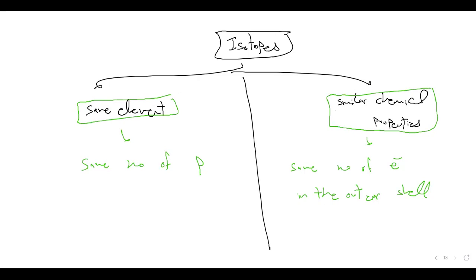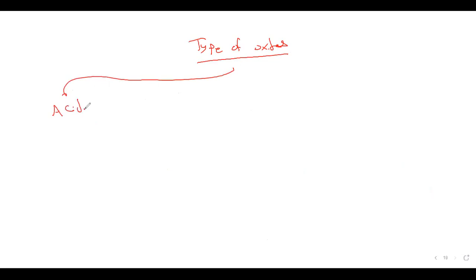After that, for types of oxides, we have acidic oxides, basic oxides, amphoteric, and neutral.